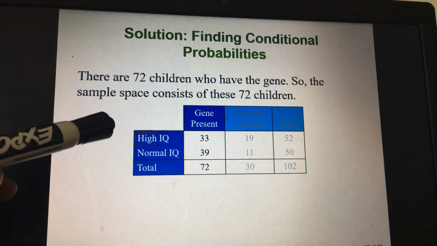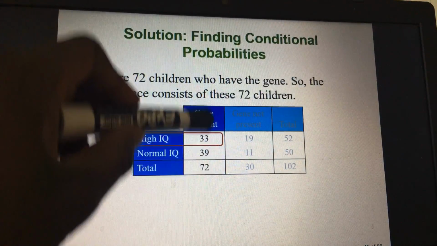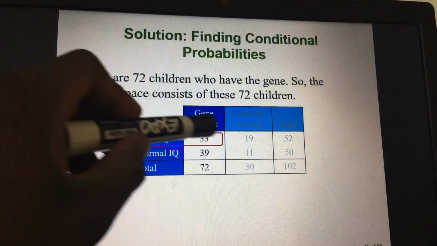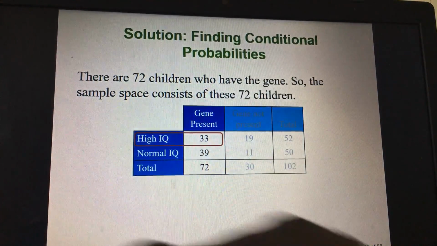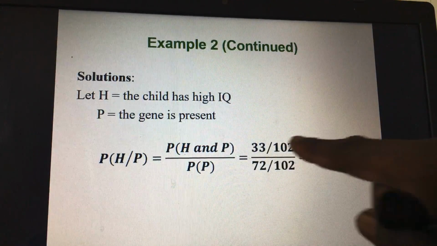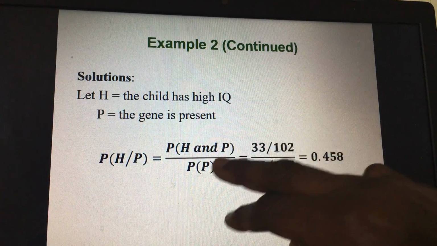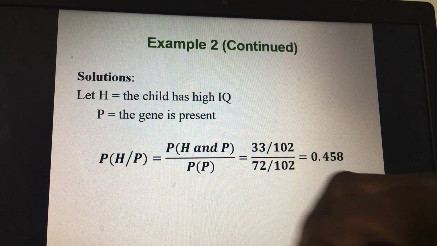I have it here. Gene is present, that's P. High IQ, they intersect here, 33 out of a total of 102. So you put it right here, 33 by 102 divided by the probability that the gene is present.